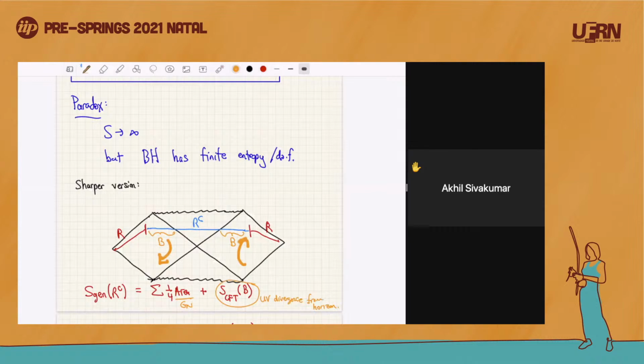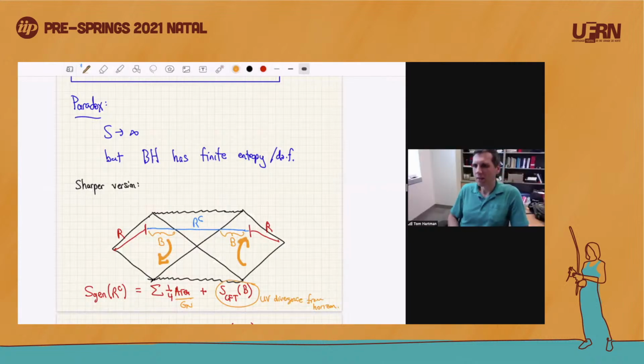Well, that's a matter of where we see the problem, where we see the paradox. If we just talked about the entropy of the fields in R complement, then there would be no problem. The problem is that the entropy of the fields in R complement can be arbitrarily large.